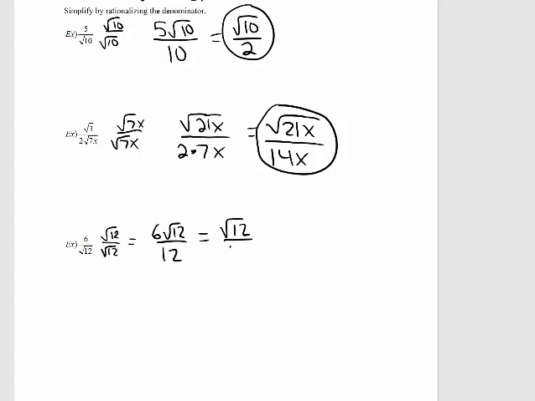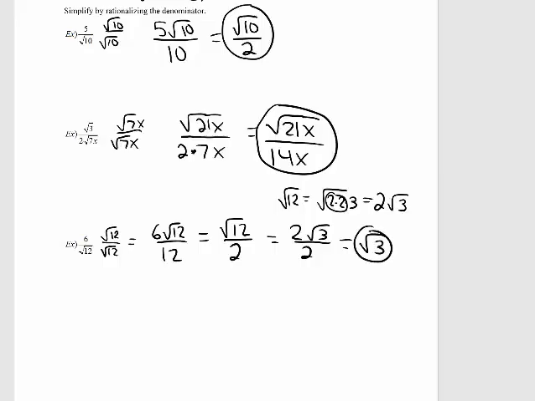So I can rewrite it as the square root of 12 over 2. But now notice the square root of 12, there are perfect roots I can pull out. So notice the square root of 12 is the same thing as 2 times the square root of 3. So I'll substitute that in. Now notice the 2 on the top and the 2 on the bottom divide out. They're both outside the radical. So that simplifies to the square root of 3.